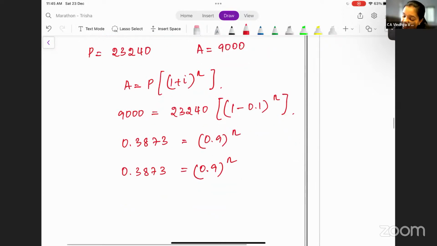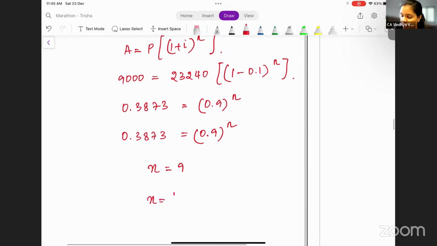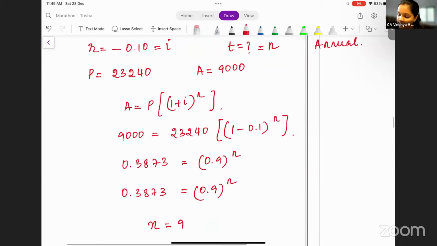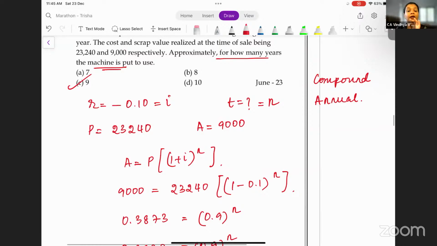Therefore, the value of N is 9. Now, because N is equal to t, t will be equal to 9. Very good. Yes, correct answer. 9 years. Okay. All right.